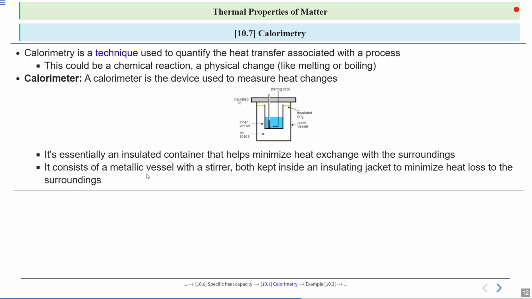It consists of a metallic vessel like this and a stirrer, both kept inside an insulating jacket to minimize heat loss to the surroundings. Basically, the outer layer of the calorimeter is there to minimize heat loss. All right.